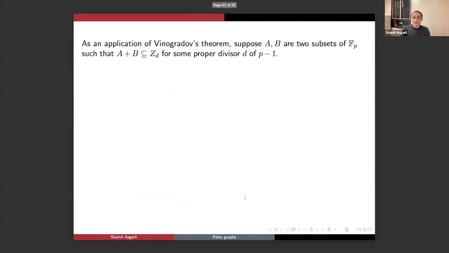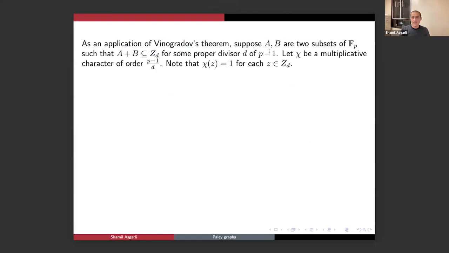So let's think about what Vinogradov's theorem tells us. Suppose you have two subsets A and B of F_p such that A plus B is contained in Z_d for some proper divisor d of p minus 1. This means that I'm assuming Z_d admits an additive structure inside.